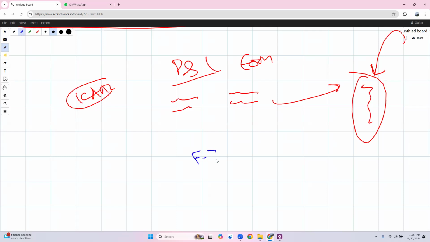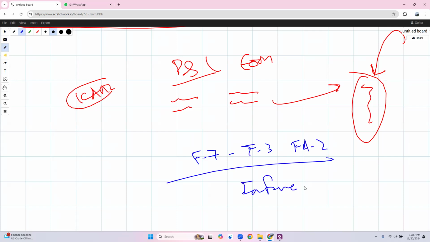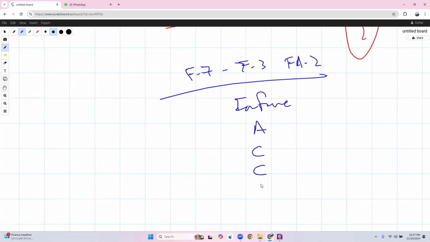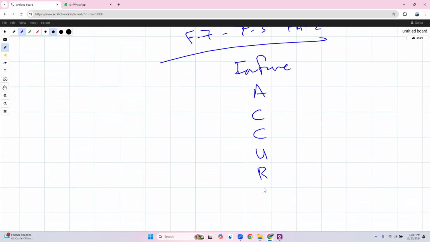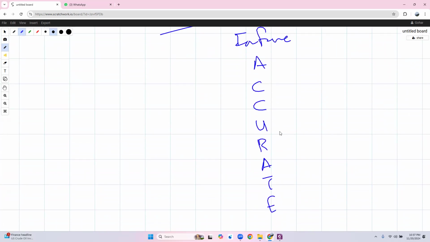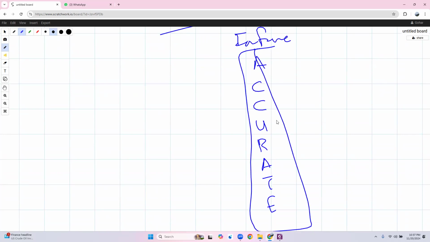In F7 and even in F3, even in FA2, you studied a concept regarding information, and the information you studied must be accurate. This was the mnemonic used for accurate. I don't remember it completely, apologies for that, because I'm not a teacher of these subjects. But within one of these, it was assumed that the investors will have the knowledge to study it.